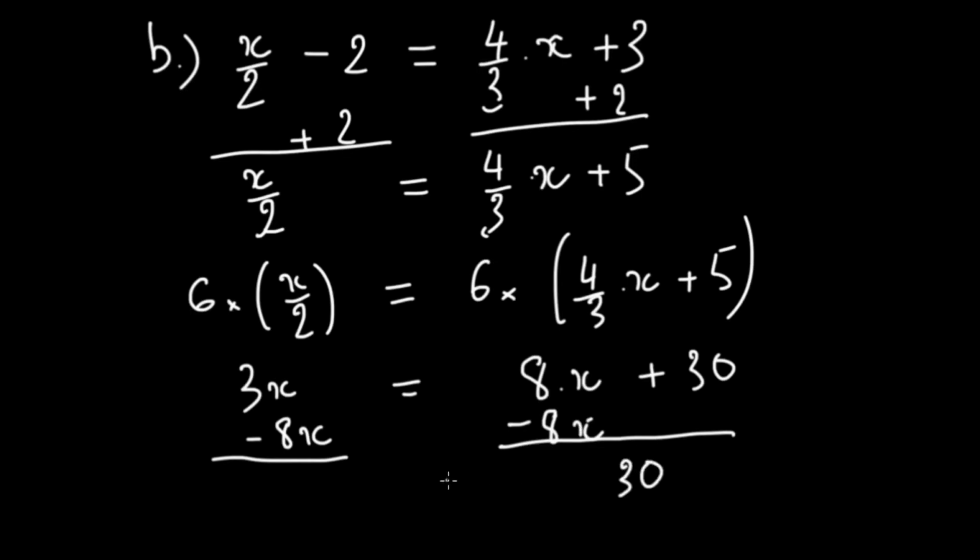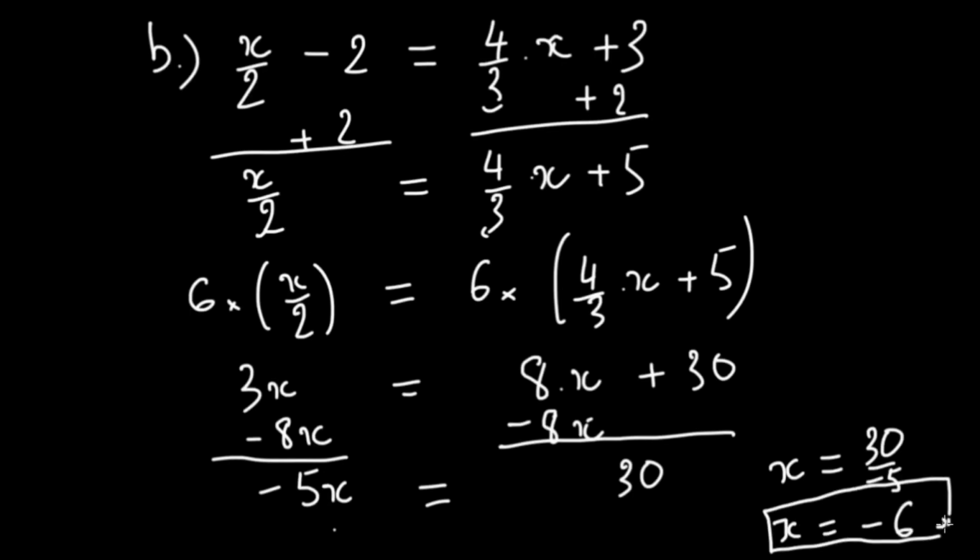So 30 on the right hand side. And the left hand side 3x minus 8x, you got negative 5x. We divide both sides by negative 5. We have x equal 30 divided by negative 5, right? Or x equal negative 6. And x equal negative 6 is the solution for question B.